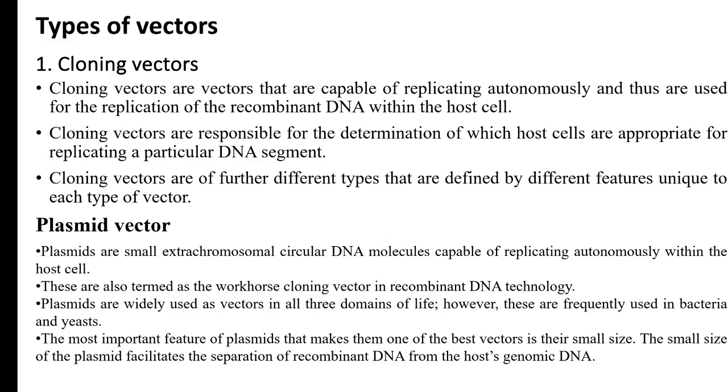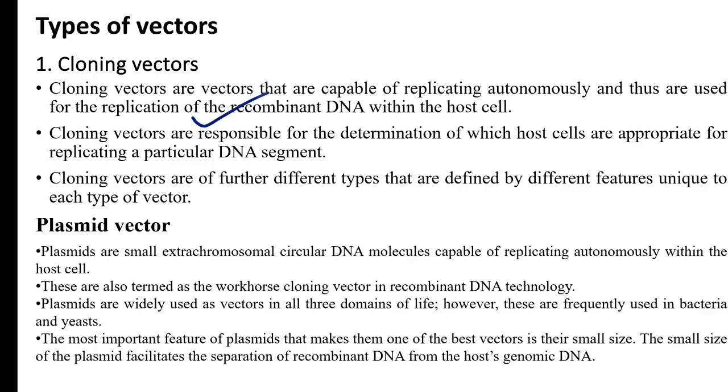Next, types of vectors. At first, cloning vector. Cloning vectors are vectors that are capable of replicating autonomously and thus are used for replication of recombinant DNA. We have to insert our desired piece of DNA inside that vector, then it should replicate autonomously by itself within the host cell.